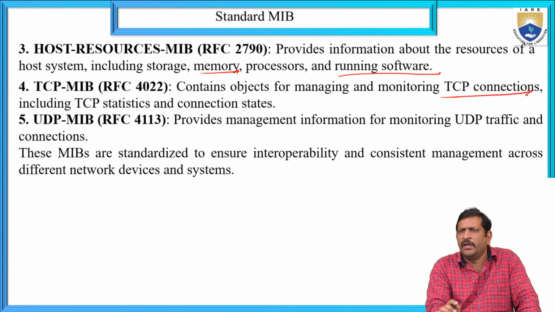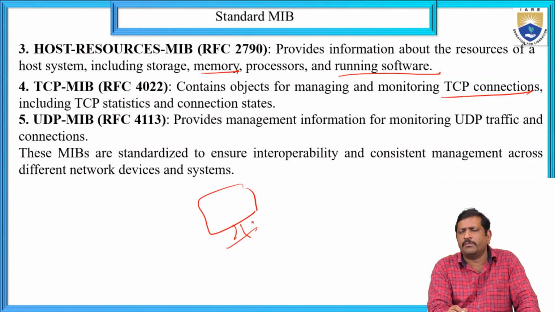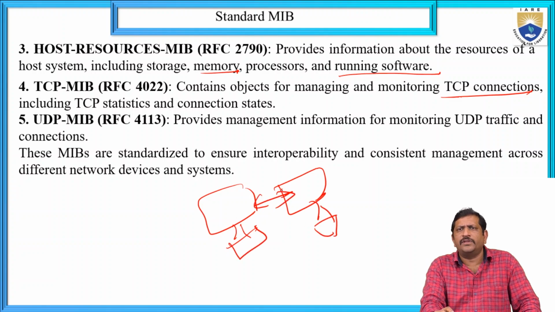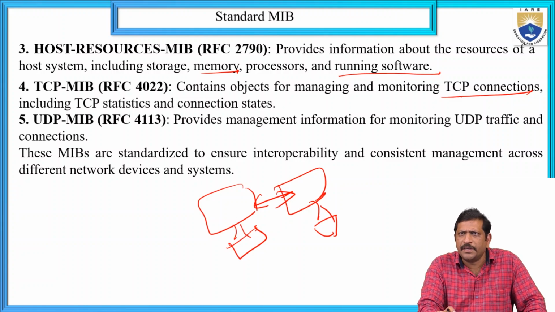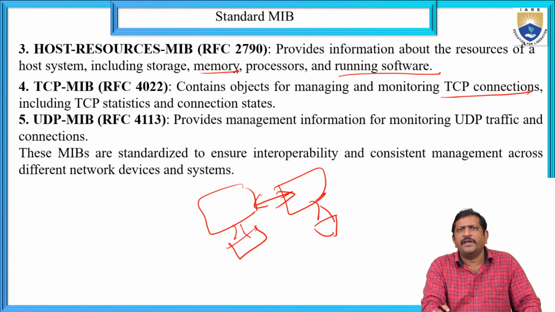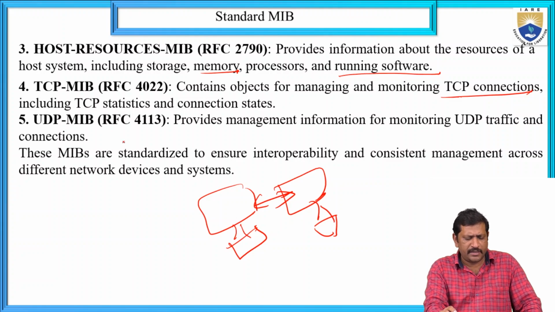A TCP connection establishes the connection between two devices for effective communication. This covers TCP/IP connections, which include TCP statistics and connection states.